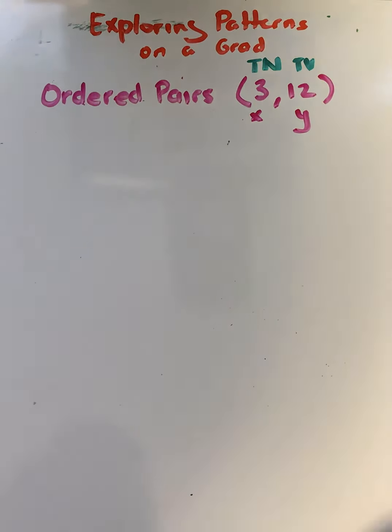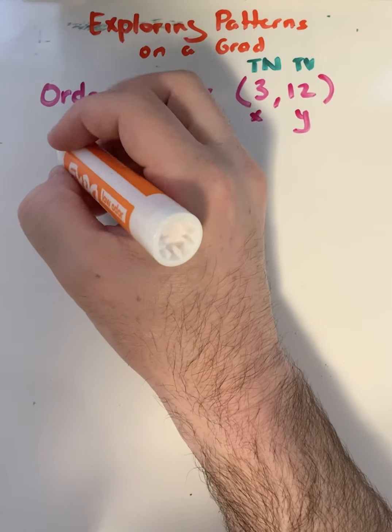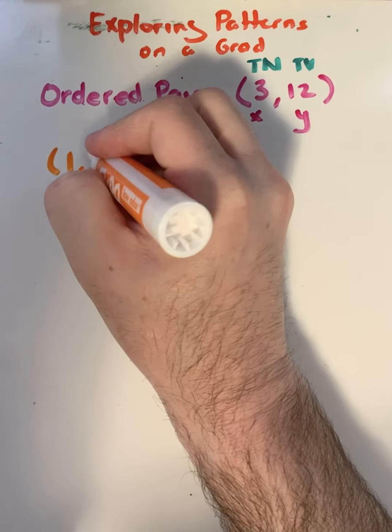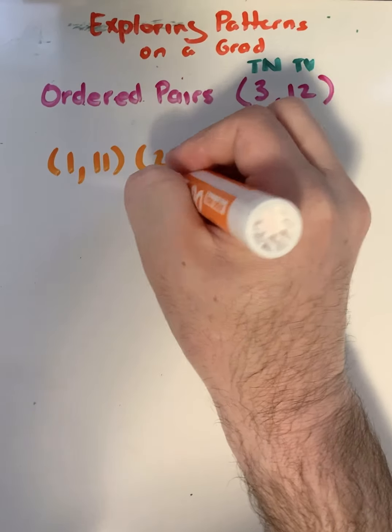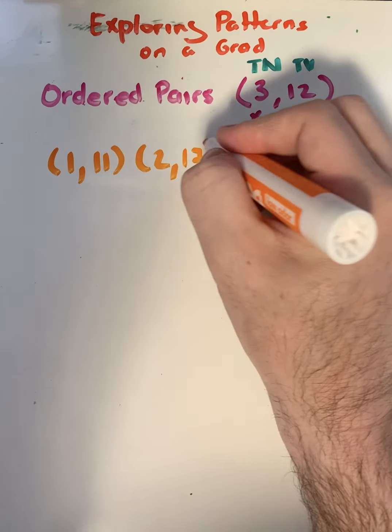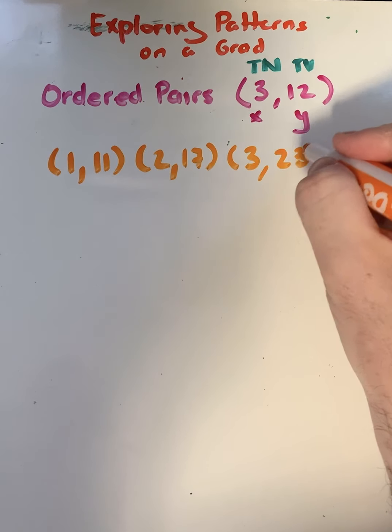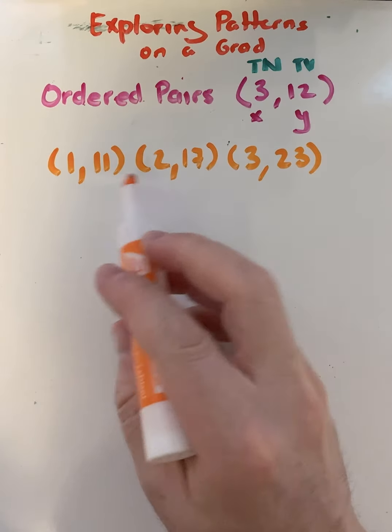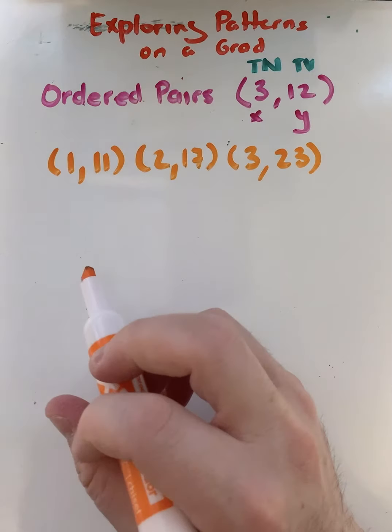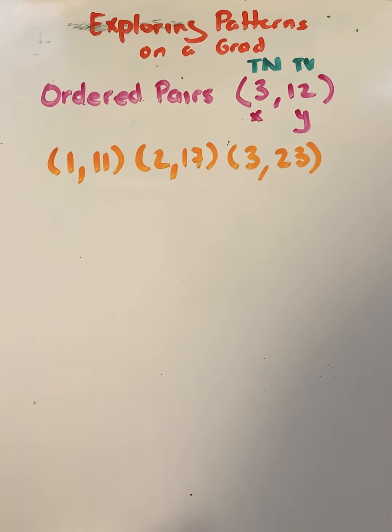So if I was given, let's say, 1, 11, 2, 17, and 3, 23. Although they are coordinates on the graph, they're simply the same as writing it out as a table, right?